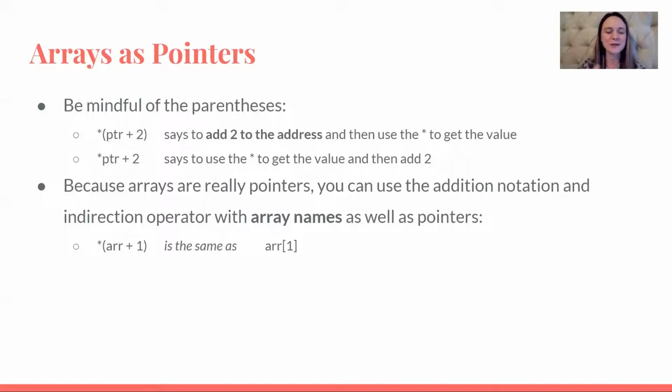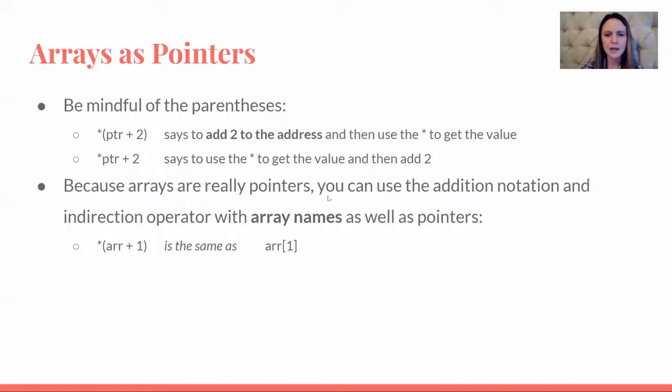It's a 5-number array. This would go get whatever's at index 2, so it would return the number 20. This would say, what is stored at the very beginning? Get that value, 0. Add 2 to it. 0 plus 2 equals 2. So here I am adding to the address, and here I'm adding to the value. That's the difference between those two things.